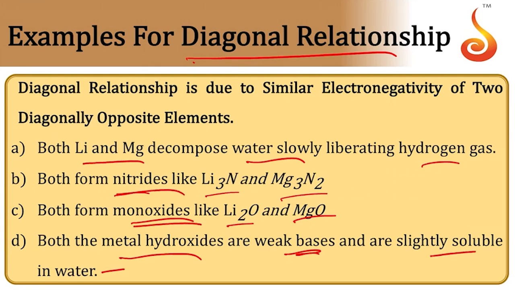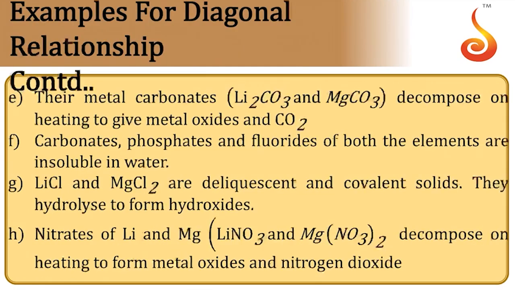And then both metal carbonates will decompose on heating to give carbon dioxide as well as metal oxides. The carbonates, phosphates, fluorides of both the elements are insoluble in water. This is an important thing now. Carbonates, phosphates, fluorides of these elements are insoluble in water.